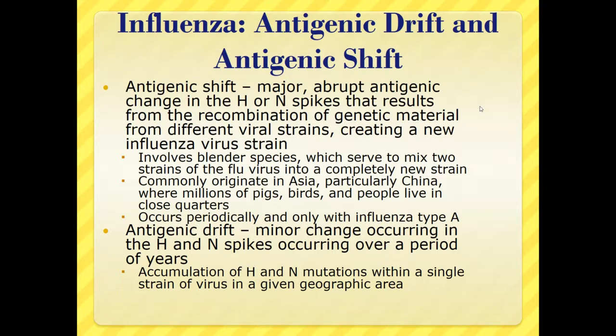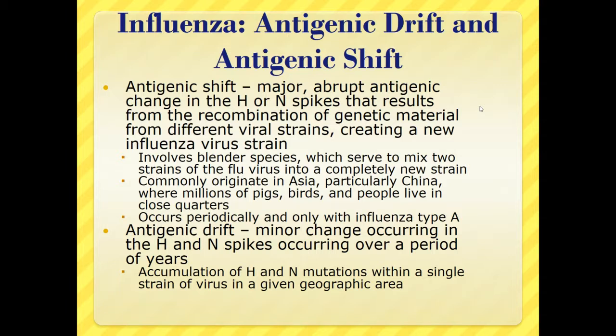That's what happened back in, I guess it was 2009 with the H1N1. That was a new combination that we had not seen in a long time. It had not been in the environment for a really long time, and that's why it affected mostly younger people, because we had never seen anything like that.